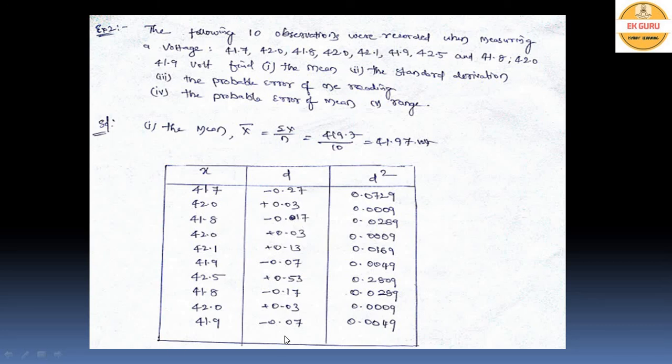Like that we will calculate the deviations d1, d2, d3, d4 and so on up to d10. In order to calculate the standard deviation, we need the individual deviation squares, so I have calculated them here: d1 square, d2 square and so on, up to d10 square.